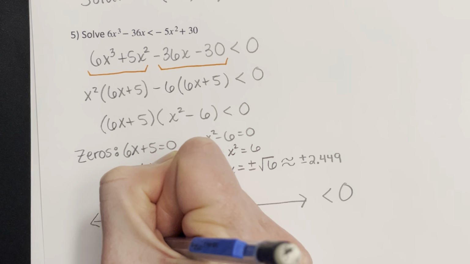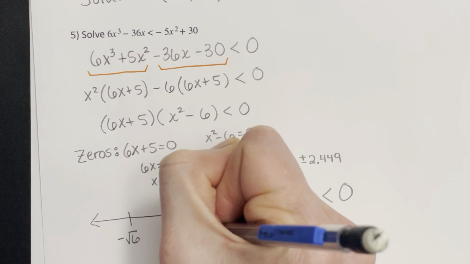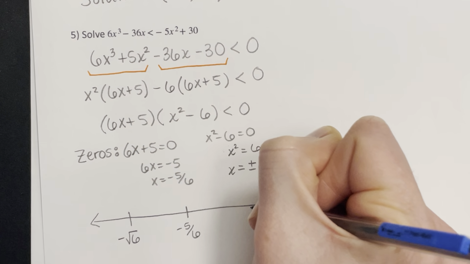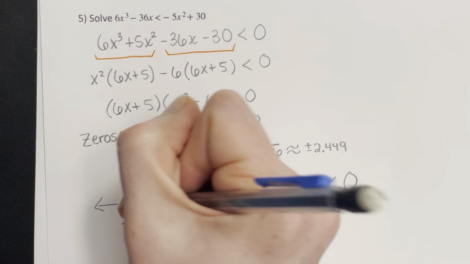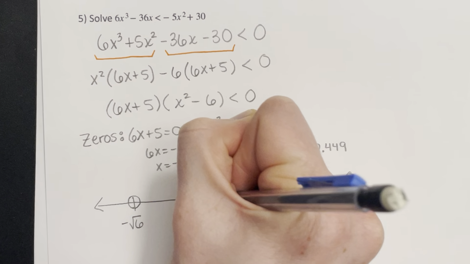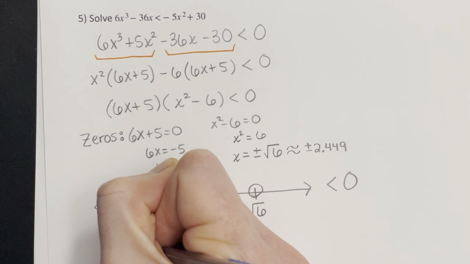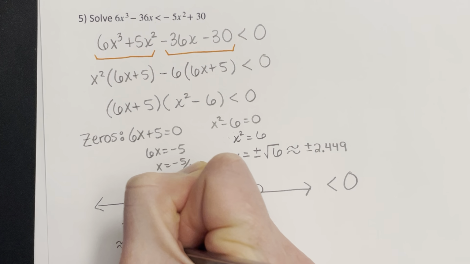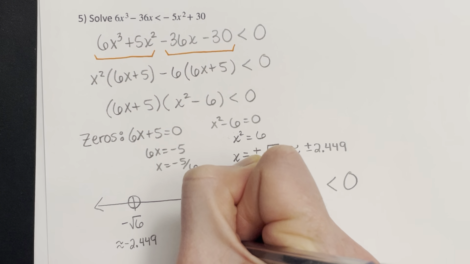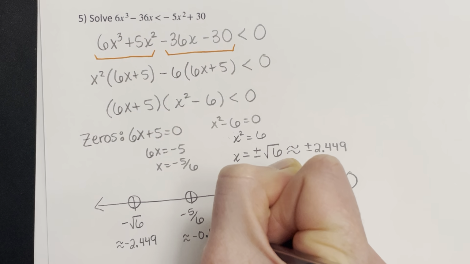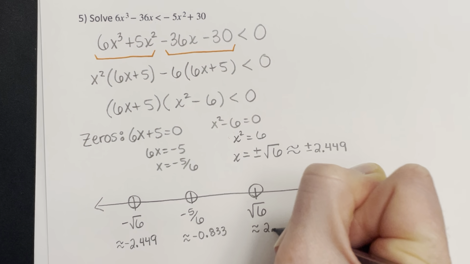So on a number line, your negative square root of 6 comes first. Then you have your negative 5/6, and then you have the square root of 6. These are not included. If you want to write your decimal values, you can say it's approximately negative 2.449, approximately negative 0.833, and approximately positive 2.449.